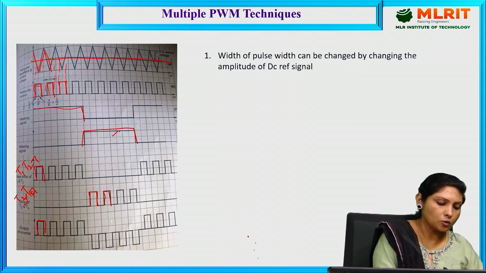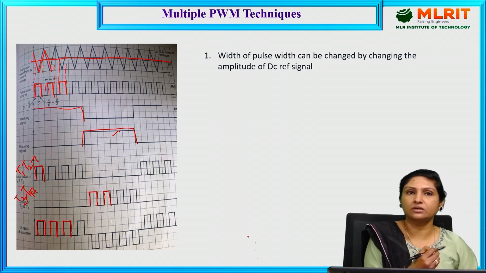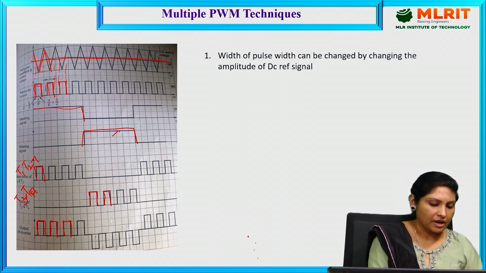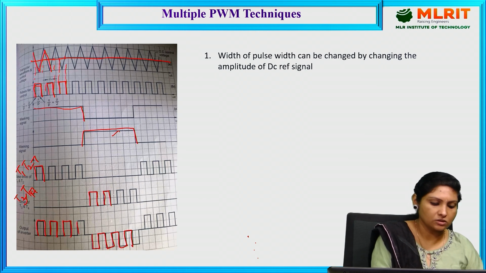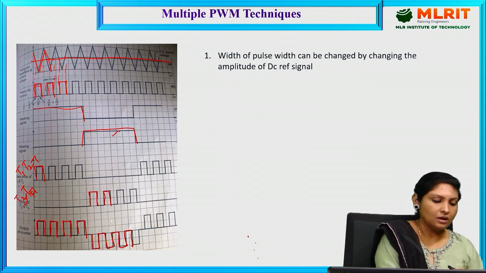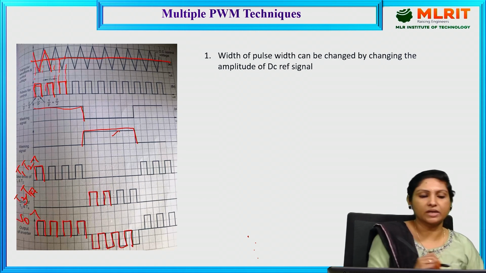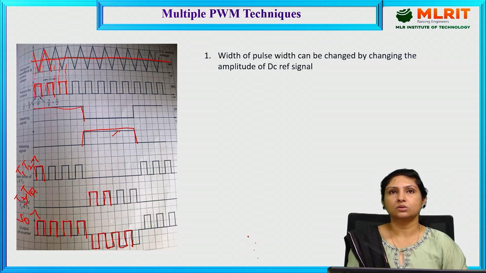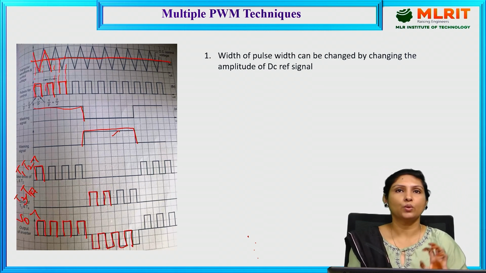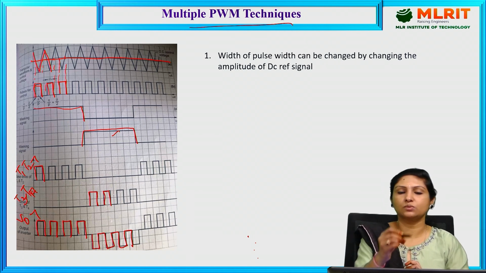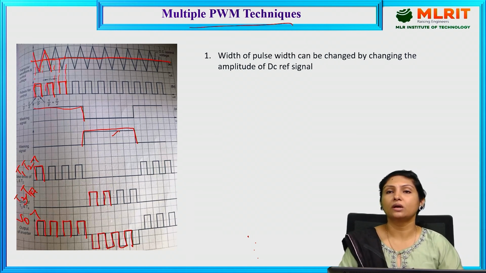This is the output voltage of that inverter whenever it is triggered accordingly. Here, this is the negative half cycle of the inverter, and this is the positive half cycle, and this is the output voltage of the inverter. So here we are seeing the multiple pulse width modulation technique where a number of pulses are being generated.